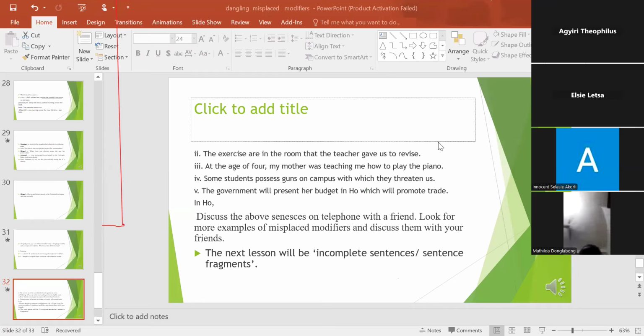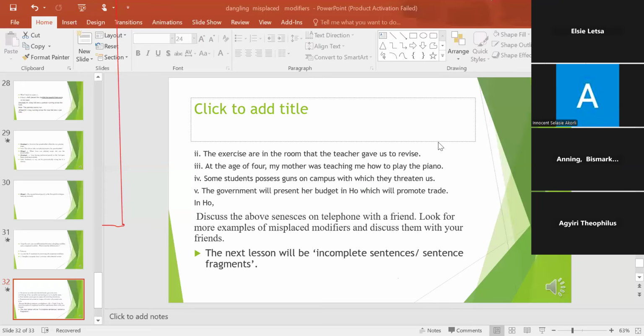Elsie lecture. Yes, sir. The ambiguity here is they are threatening them with campus instead of guns.